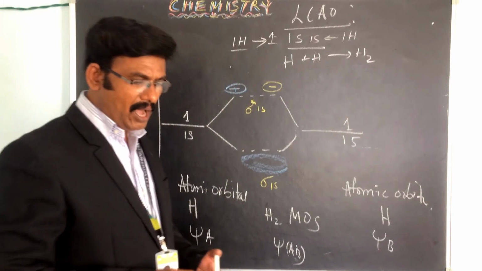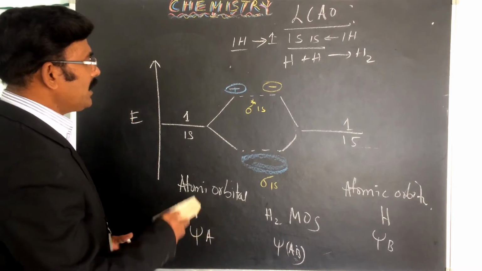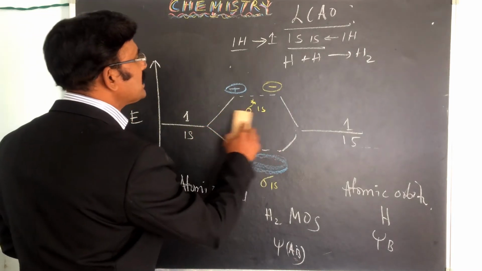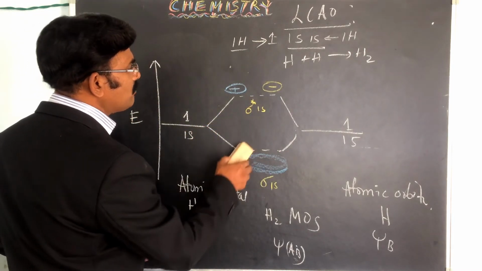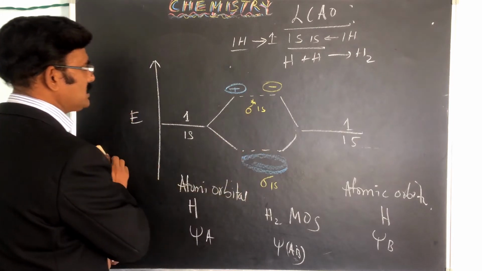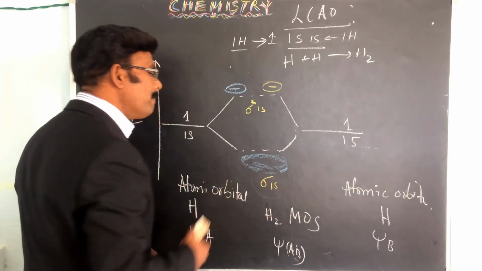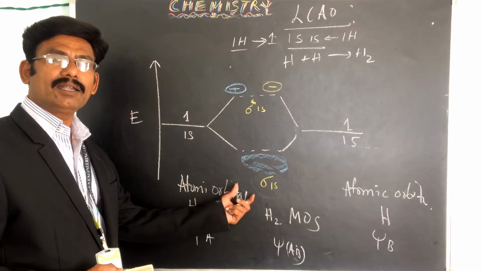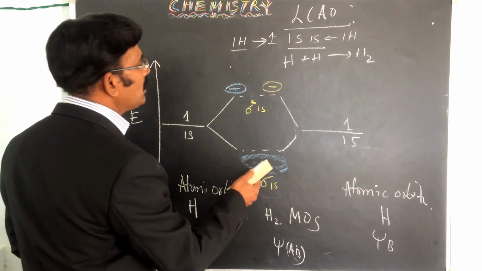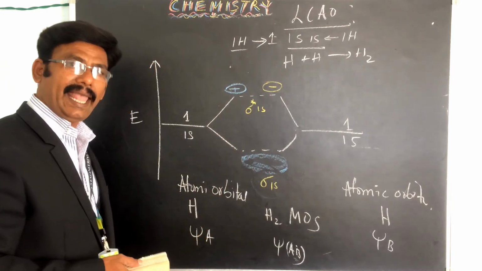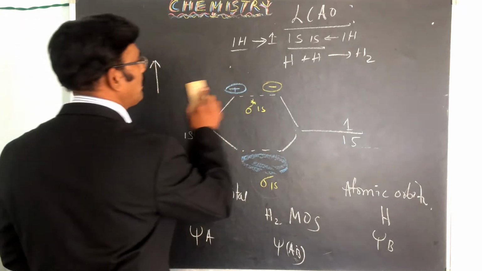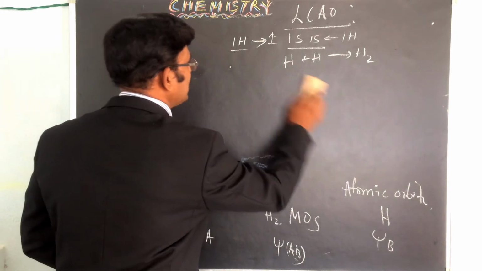Now, what is sigma star 1s, sigma 1s? Sigma 1s is the bonding molecular orbital, and sigma star is the anti-bonding molecular orbital. How can you represent that?